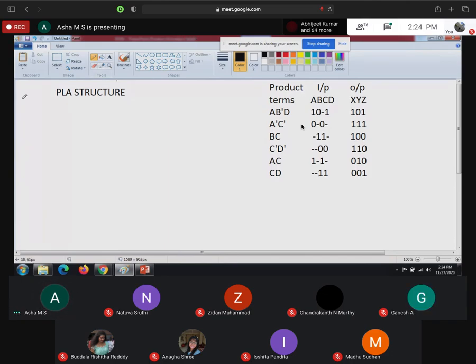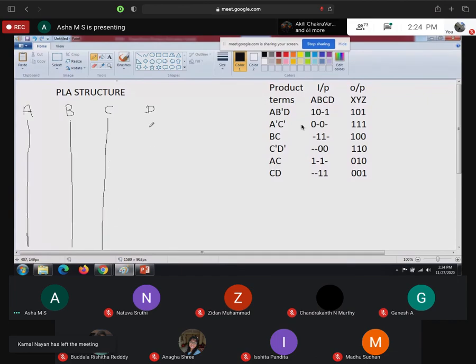So how many inputs are there? There are four inputs: A, B, C, D. Similarly, we want A bar, B bar, C bar, D bar also.